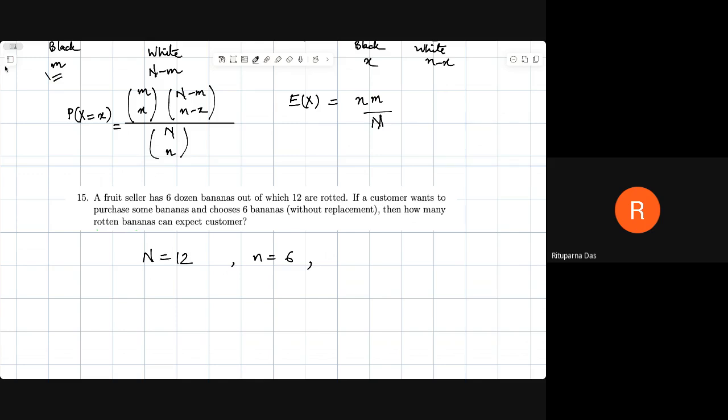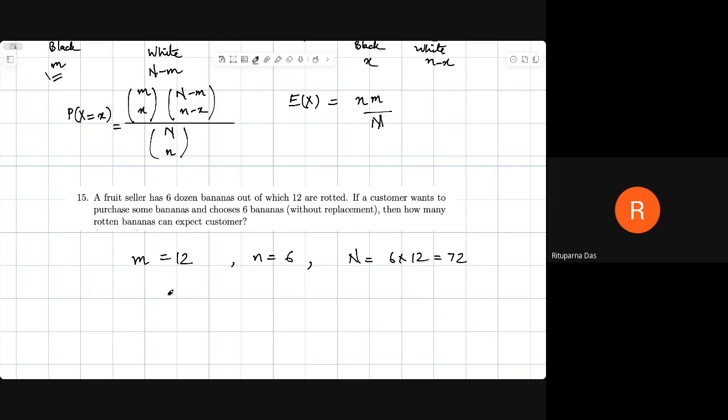So what do we have to find here? Okay, so here the value of small m is 12, the number of rotten bananas, and 6 dozen bananas means the total is 72. So small m is 12, small n is 6, and the total number of bananas is 72.